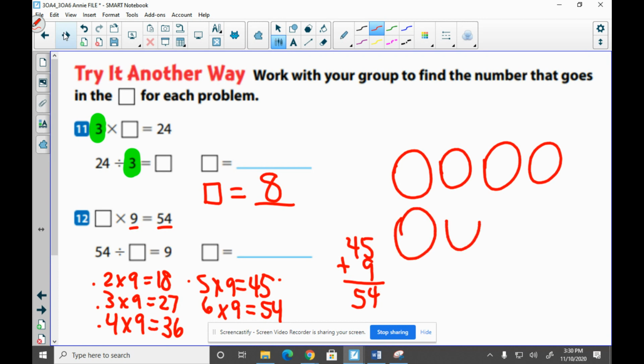If you don't have the missing part, this is a strategy. It might take you a little while to get to it, but at least you will get to the answer until we get all these facts memorized.